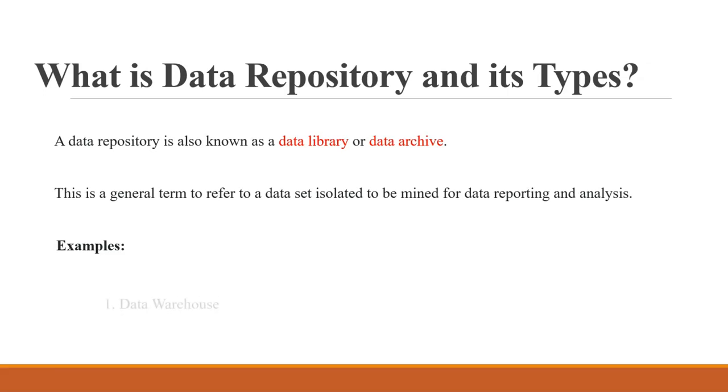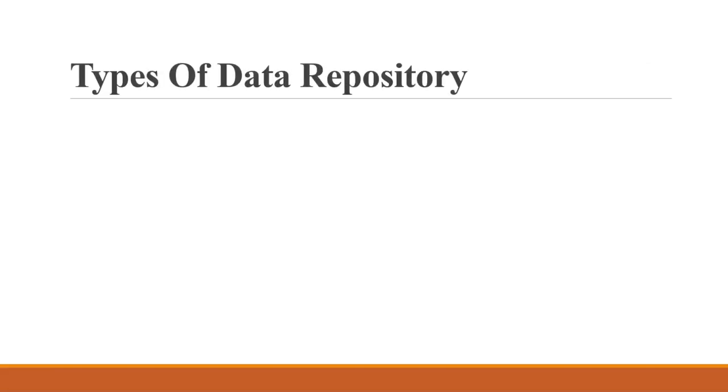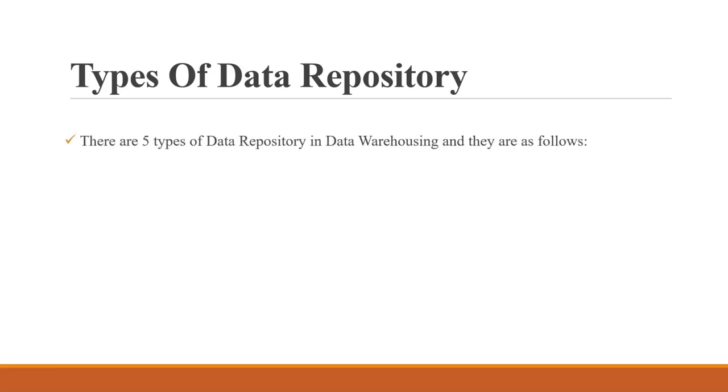For example, data warehouse, data lakes, and data marts, and so on. We will see the types of data repositories. There are 5 types of data repository in data warehousing, and they are as follows.